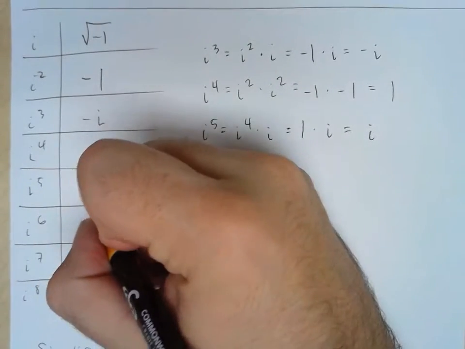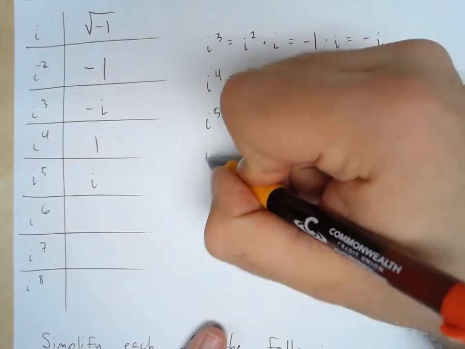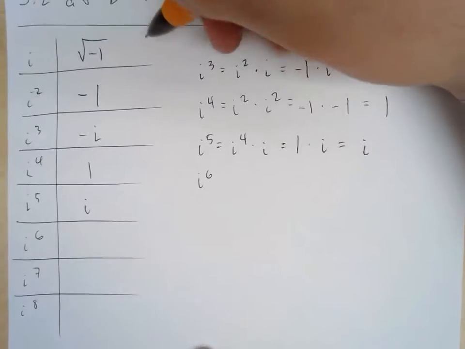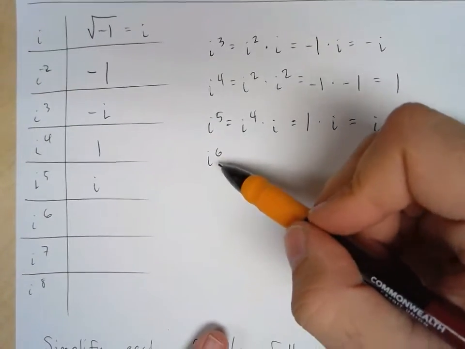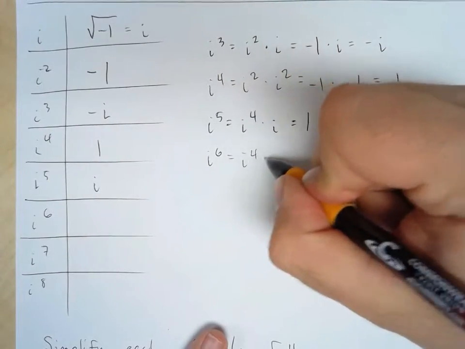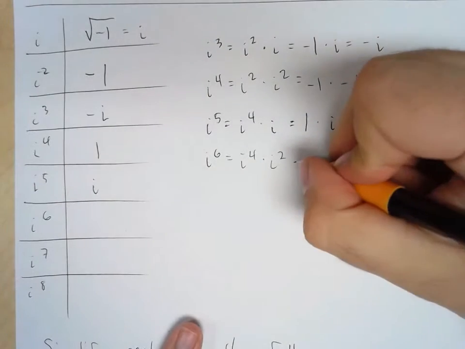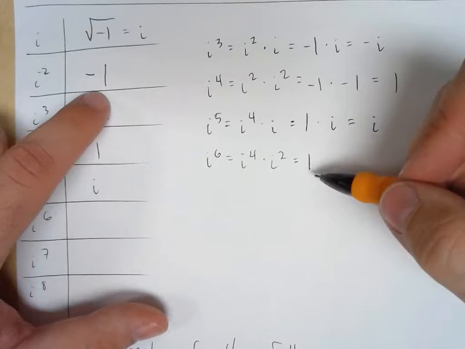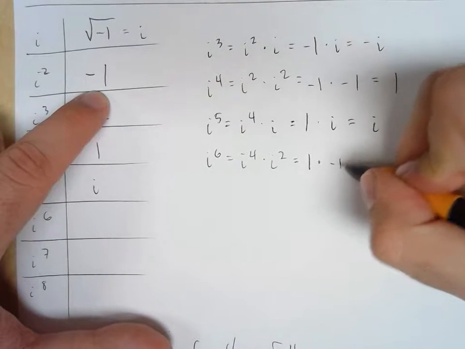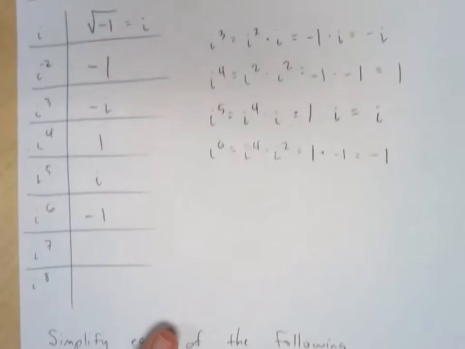So that says i to the fifth is i. i to the sixth is going to be i to the fourth times, let's see, we need 2 more i's, so i squared. i to the fourth is 1. We know that i squared is -1. So we get -1. So that says i to the sixth is -1.